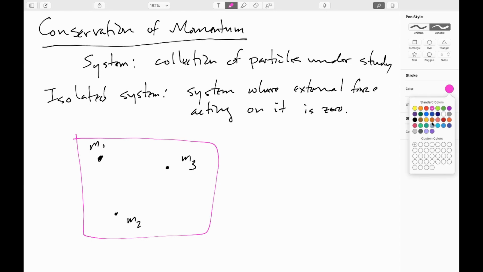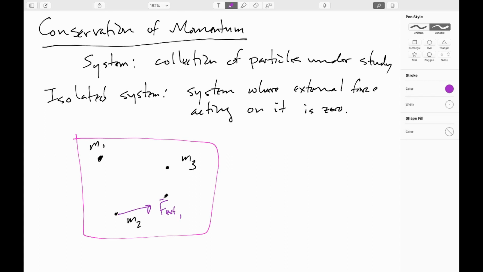So then the idea is, if I want to define the external force on the system, that would be due to forces that are external to the system acting on the individual particles. So this might be the external force acting on particle 2, external force acting on particle 1. This could be, say, gravity from outside the system, an electric force from outside the system. The key thing is these are not interactions from particles 1, 2, and 3. And maybe this would be the external force acting on particle 3.